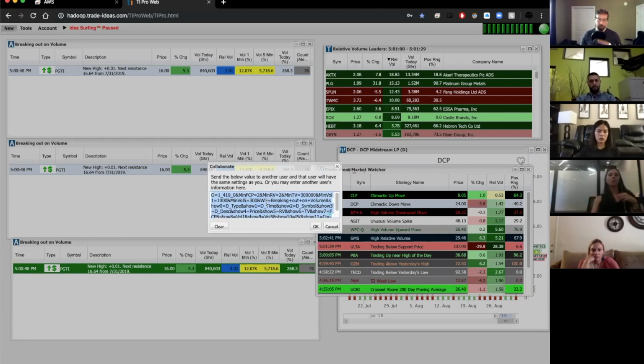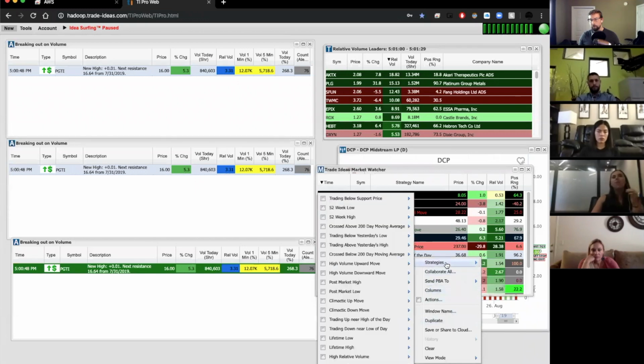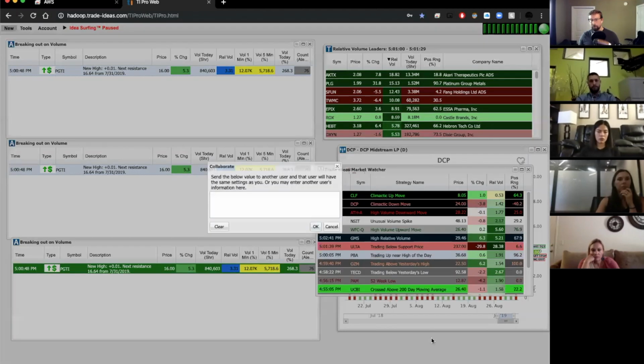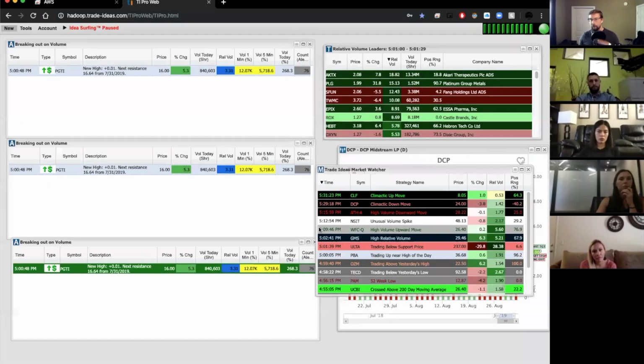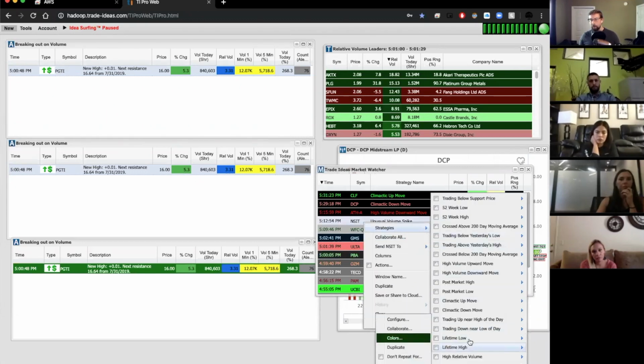So if we take that link and copy it, and then go into the multi-strategy window and hit strategies, new strategy, and collaborate, it's going to give us a box, and we paste that giant link in there and hit OK. And now this strategy, this breaking out on volume, is in this window here.